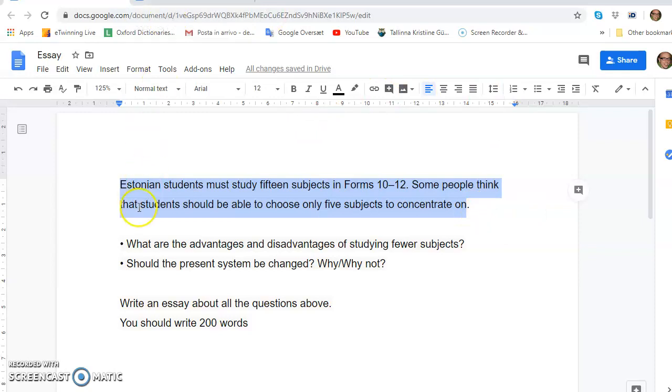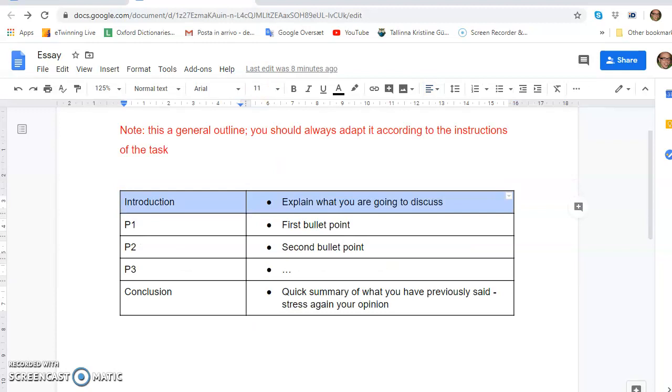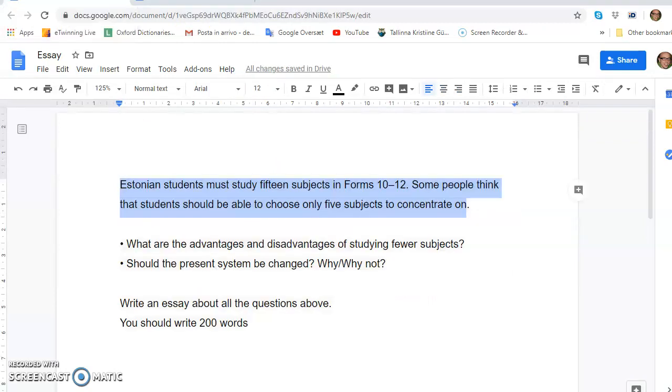Then, let's move on. The first bullet point is: what are the advantages and disadvantages of studying fewer subjects? And this, as we saw, is going to be our first paragraph.